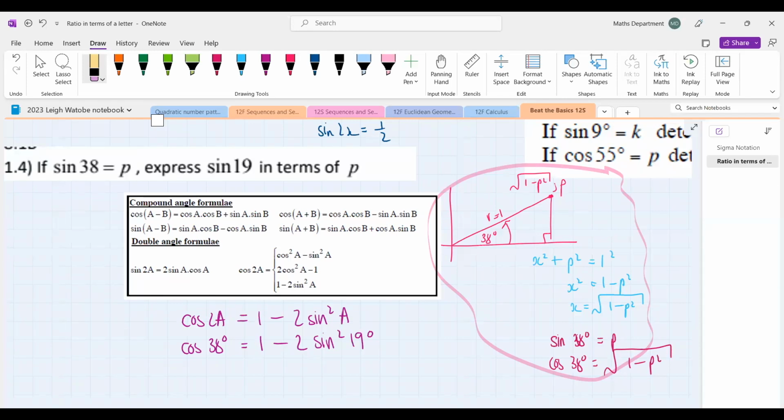Does that make sense? Yes, ma'am, I finally got it. Thank you. You finally got it. Okay, all right. So we're going to solve for sine 19 from cos 38. That's it, Pinga. Good job.